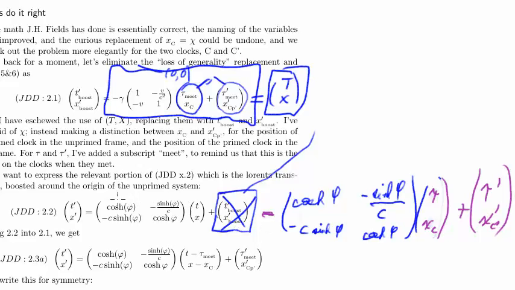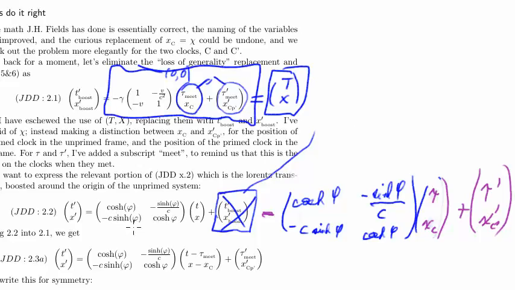So you can combine parts of it. Cosh phi times t minus cosh phi times tau is going to be cosh phi times t minus tau. Negative sinh phi over c times x minus sinh phi over c times x sub c is negative sinh phi over c times x minus x sub c. Also, we'll go through this one.